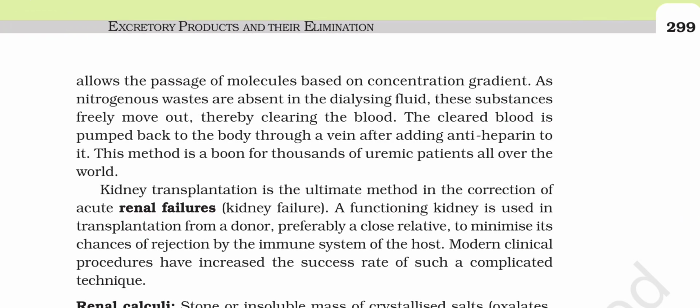As nitrogenous wastes are absent in the dialysing fluid, these substances freely move out, thereby clearing the blood. The cleared blood is pumped back to the body through a vein after adding antiheparin to it. This method is a boon for thousands of uremic patients all over the world.